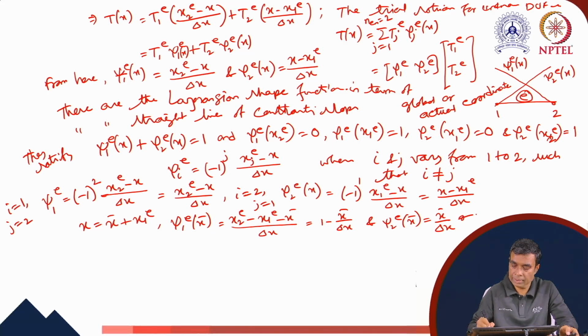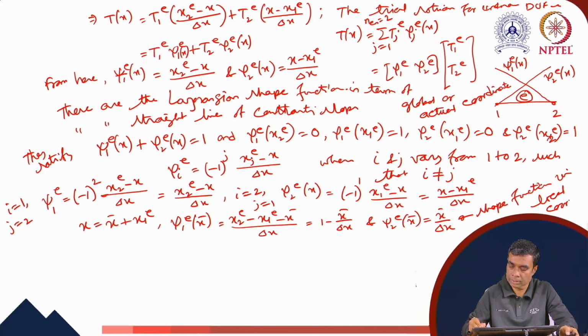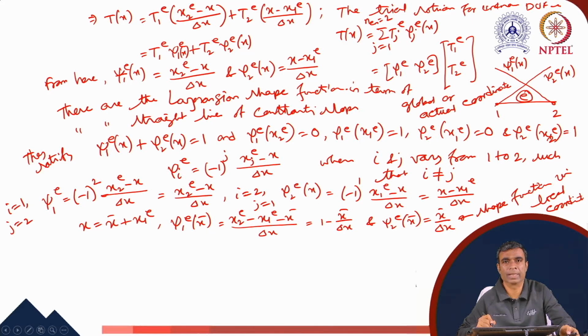So these are shape functions using local coordinates. Now these same shape functions can be used for calculating the kij terms and fie terms for a given problem.